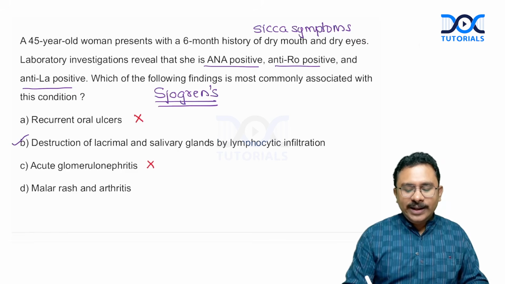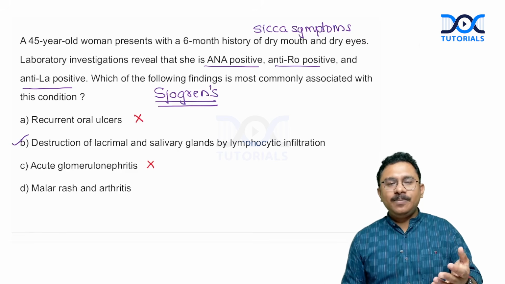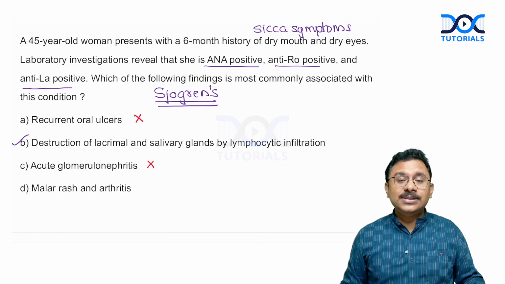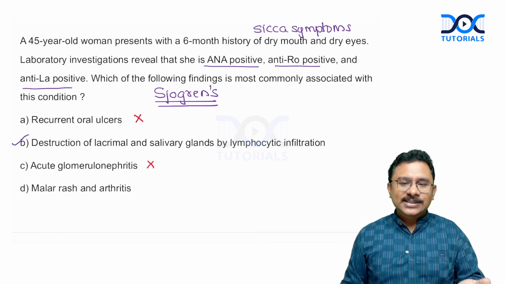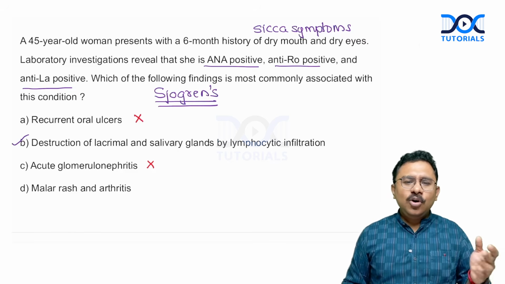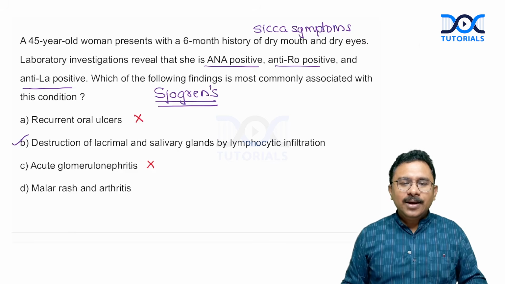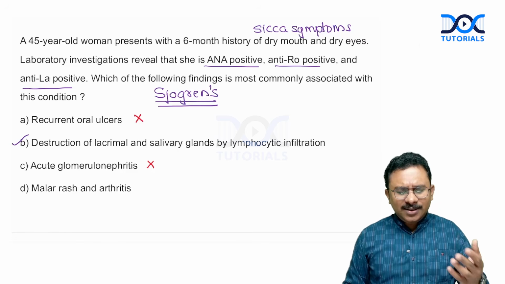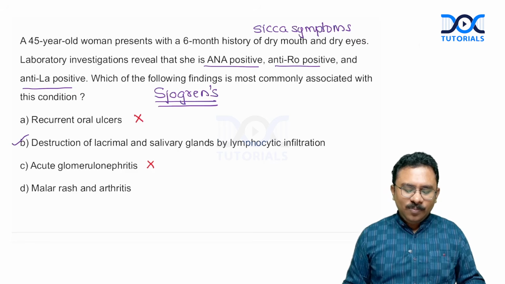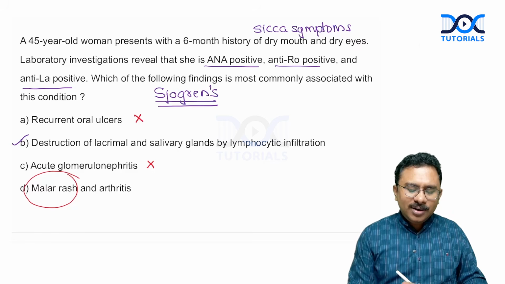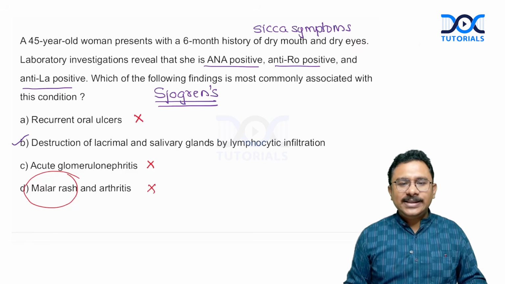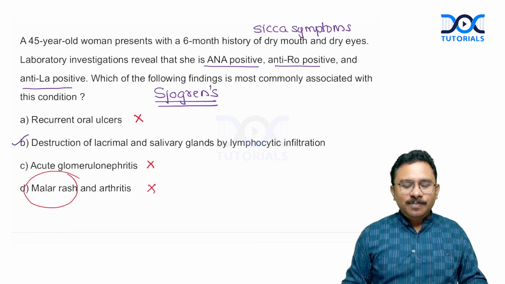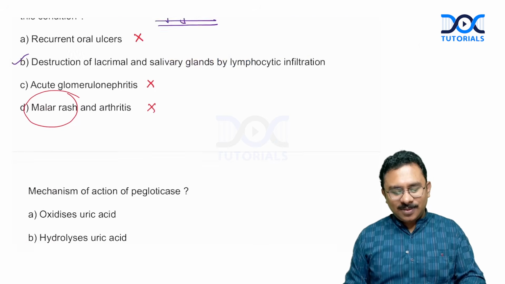When it comes to renal involvement in Sjogren's syndrome, it can either be an interstitial nephritis or a renal tubular acidosis, which is the distal RTA. Glomerulonephritis is unlikely a feature of Sjogren's syndrome. Malar rash and arthritis. Arthritis can occur in Sjogren's syndrome, but again, malar rash is not that much favoring. It is in SLE only. And we have got an obvious answer of option B. That is going to be my answer.